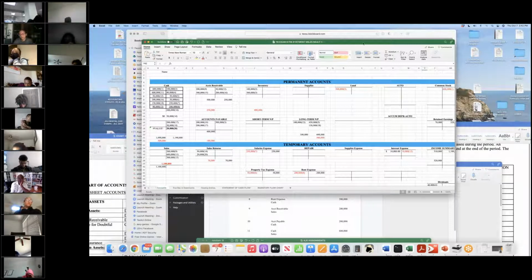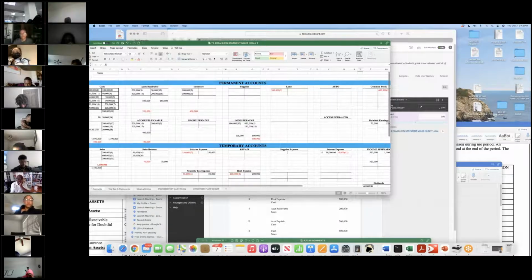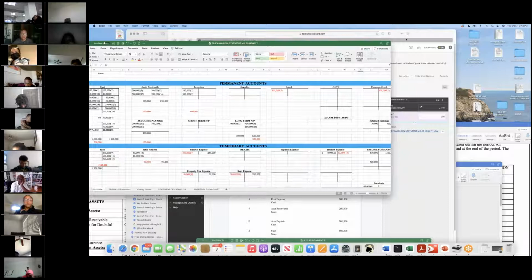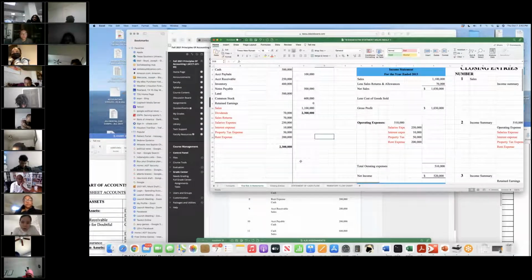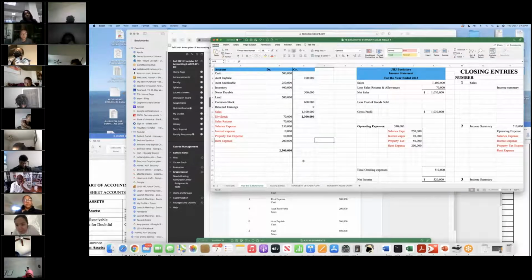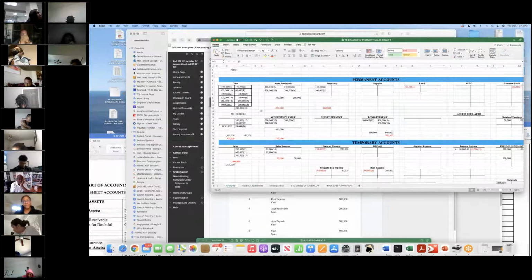So what else would be off then, if that's the case? I'll have to look at this one and see. Yeah, that one is something else. Cash is 500. Go back to the T account. I don't know what the balance you have for cash here, but you got 500 here.